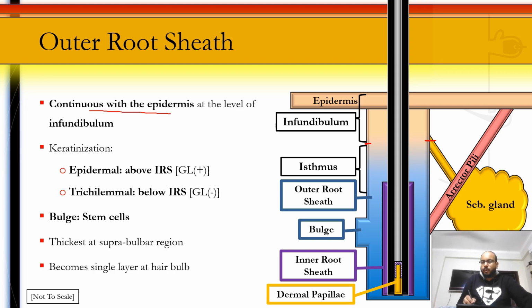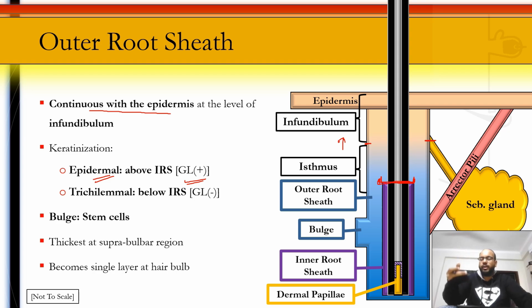Below that, there is a point where the inner root sheath, here shown in purple, gets separated from the ORS. Clear? After the IRS has separated from the ORS, any keratinization above that level will be epidermal. That means this keratinization will have a granular layer.